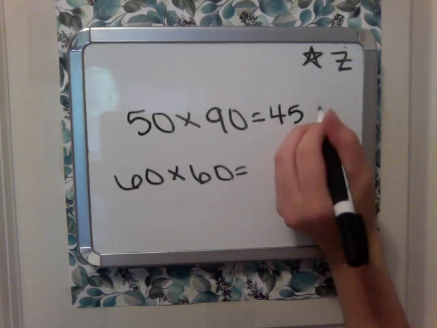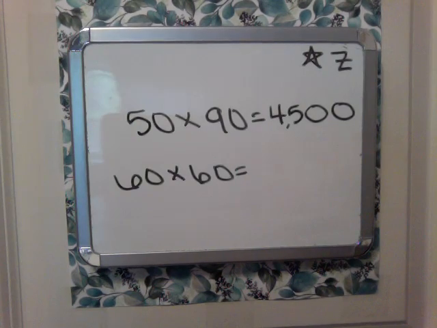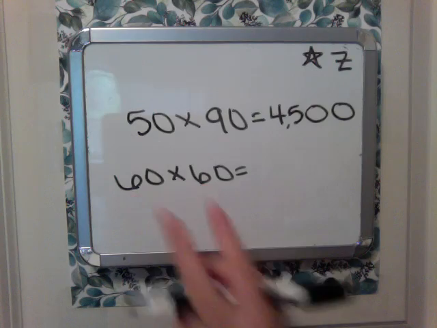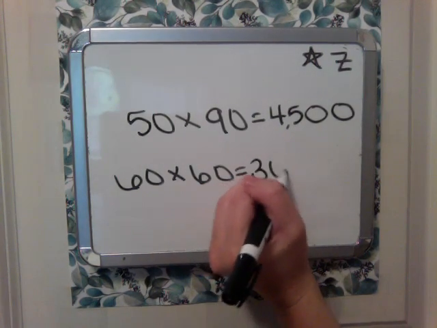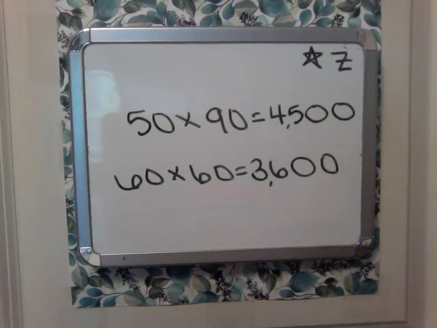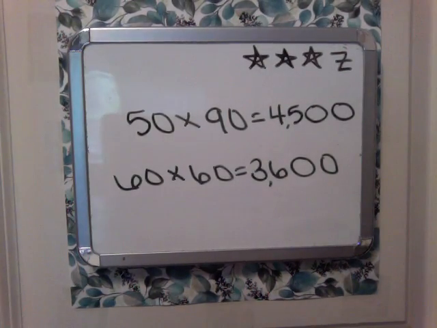Move it 2 places left on the place value chart, leaves room for 2 zeros. You can also see that there's 2 zeros in this equation. So down here, you can say 6 times 6 is 36, plus those 2 zeros that you see, add them on to the end. So we have 4,500 and 3,600 as your 2 answers. Give yourself 1 star for each answer.